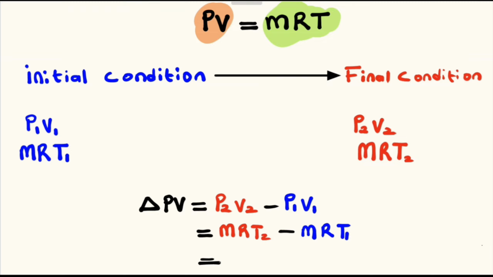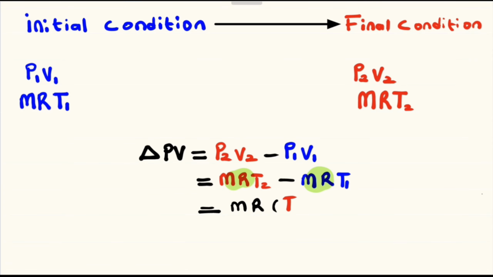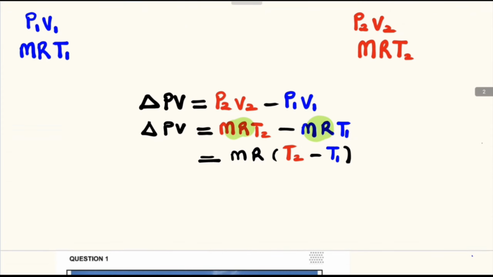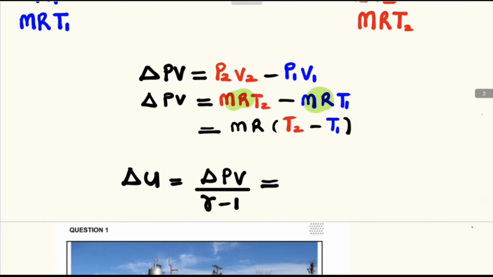But from here, since they're the same, we can take that MR as our common factor, such that MR will be multiplied with the temperature number 2 minus temperature number 1. So why do we have all this? So the change in internal energy is equal to the change in the PV divided by gamma minus 1.